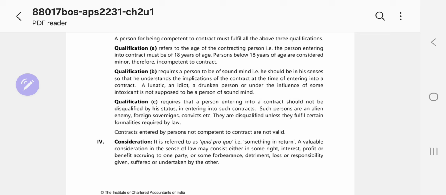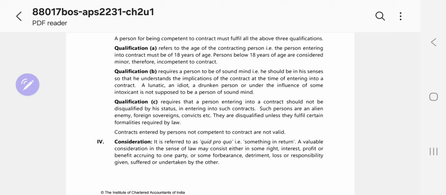So when he is not in his senses while entering into a contract, that contract is not considered a valid contract. If B proves in a court of law that when he was entering into the contract he was not in his senses, then the court may reject that contract, and in a court of law that contract becomes invalid.